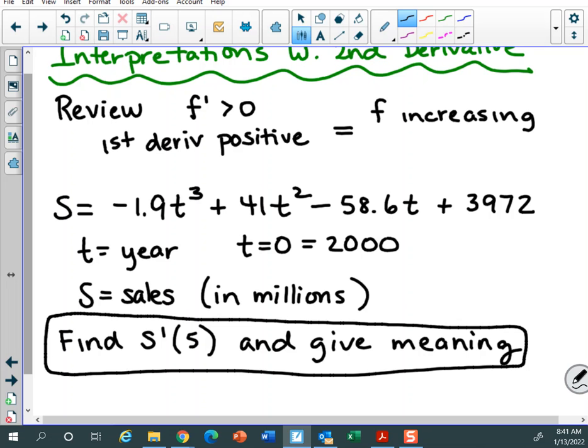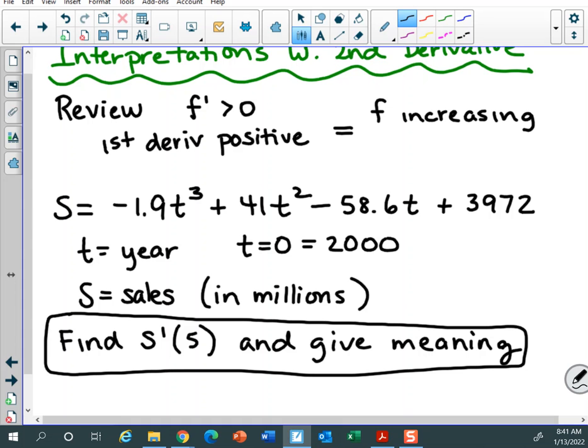Find S prime of 5, and tell me what it means. Like I said, I know you're like, what?